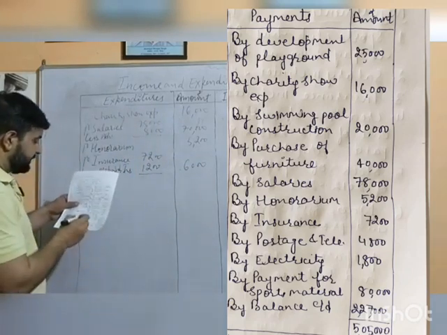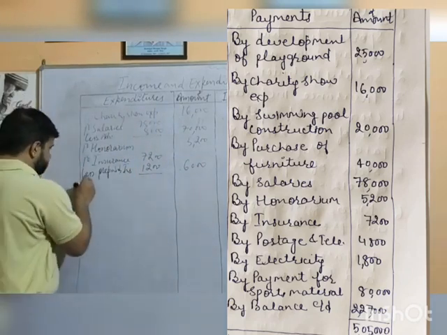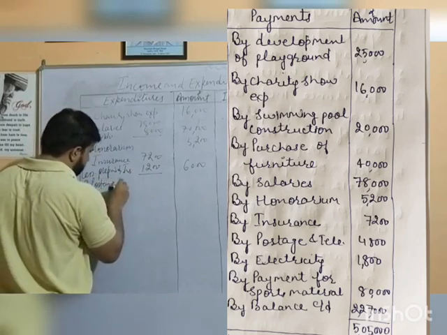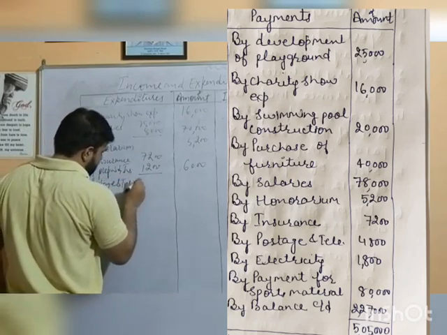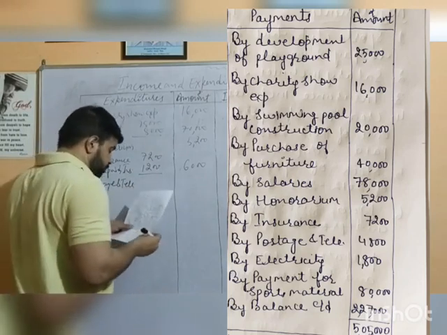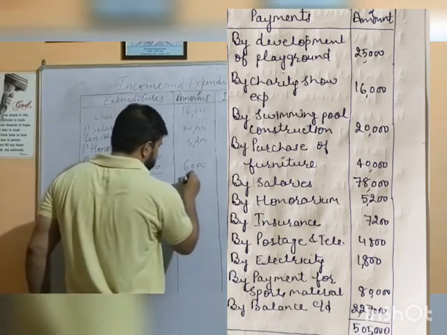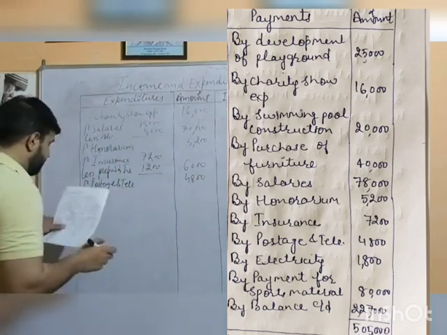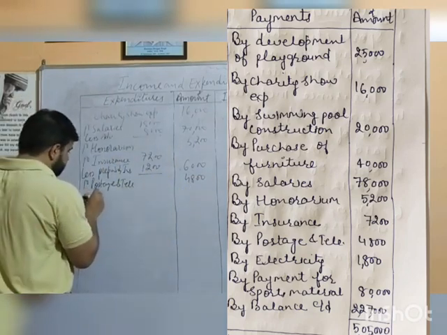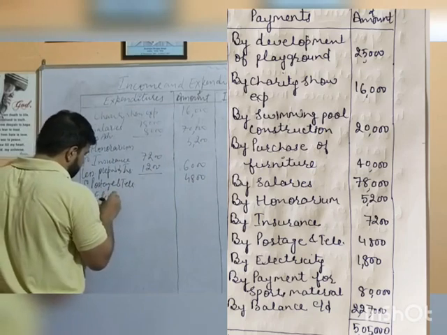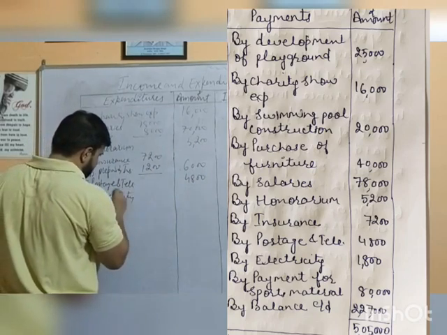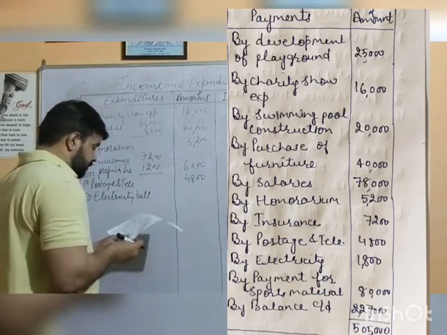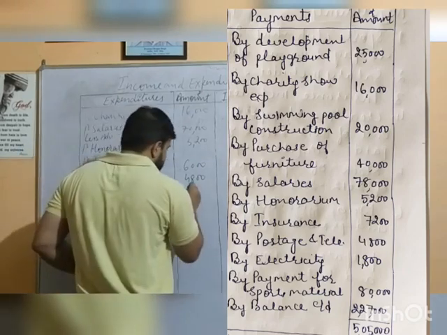Then we are taking next, postage and telegram, amount rupees 4,800. Then we are having electricity. This is going to be electricity bill, rupees 1,800.